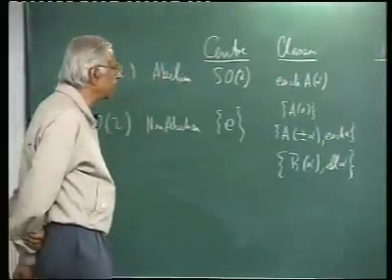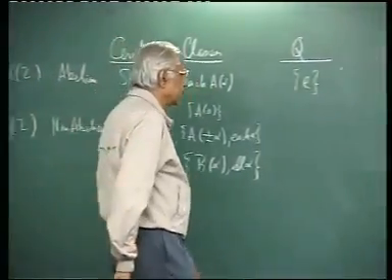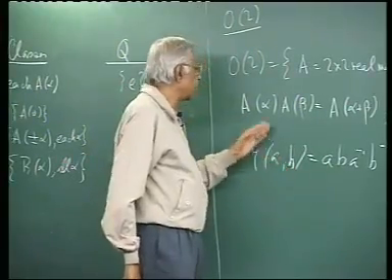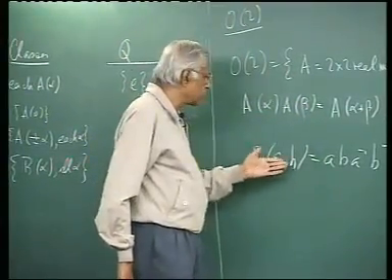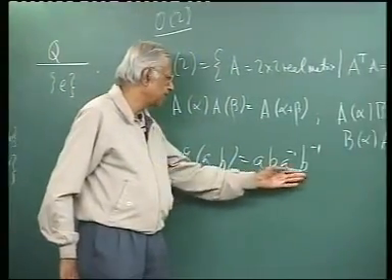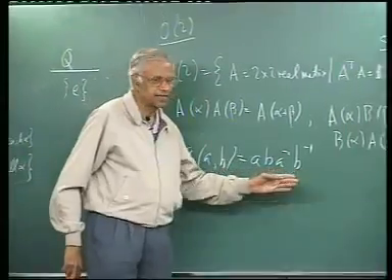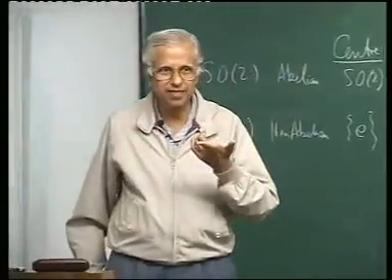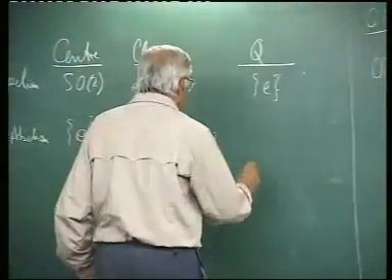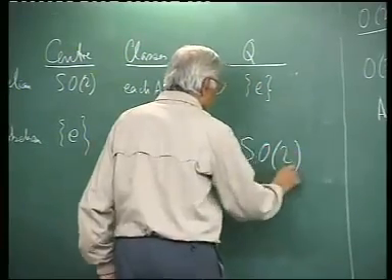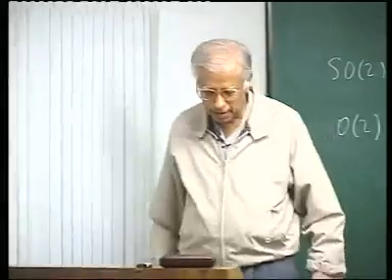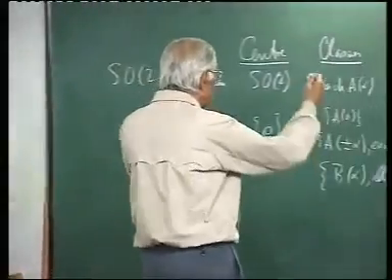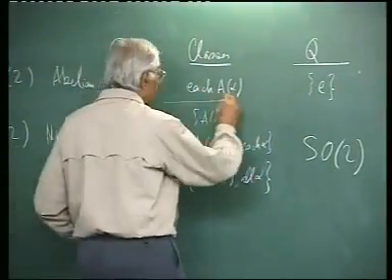Now, in the case of O2, small a can be a capital A or a capital B. Small b can be a capital A or a capital B. Whatever choices you make, you can see that what you get on the right will be determinant equal to plus 1. It cannot be minus 1. I leave this as an exercise for you to show that the commutator subgroup for O2 is SO2. See, in every respect, how much change there is.